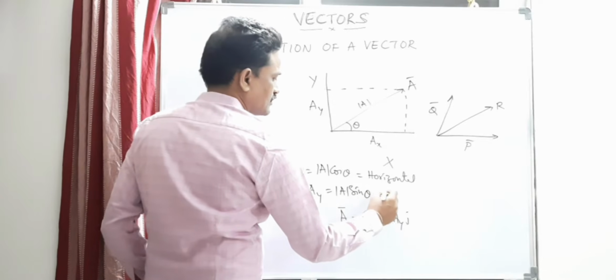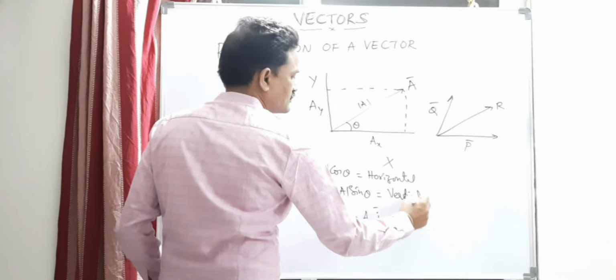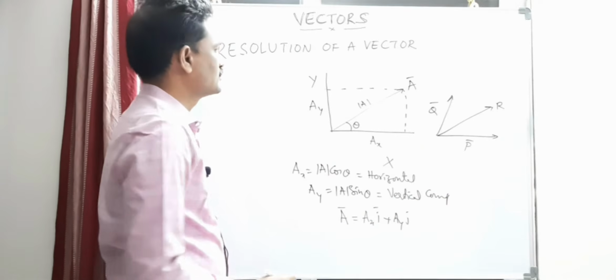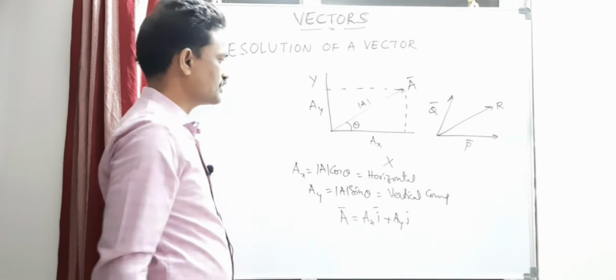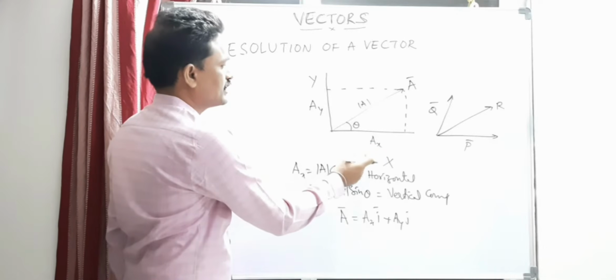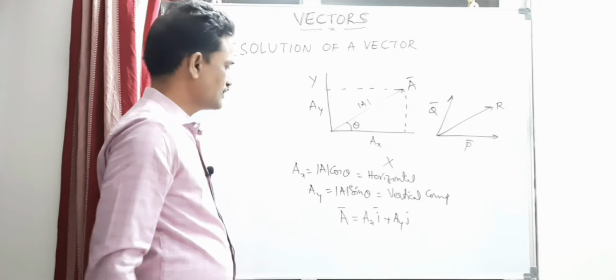AY is called the vertical component of the vector. Why is it vertical? It is vertical to the ground. So, this is called vertical component and this is called horizontal component. Components are not vectors unless and until they are multiplied with unit vectors i and j.